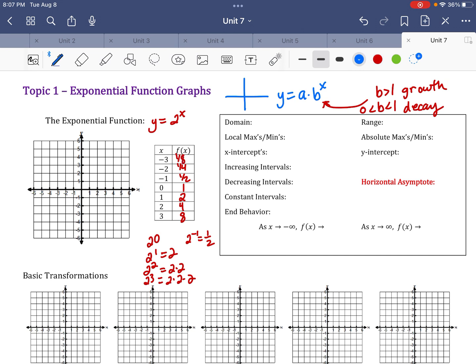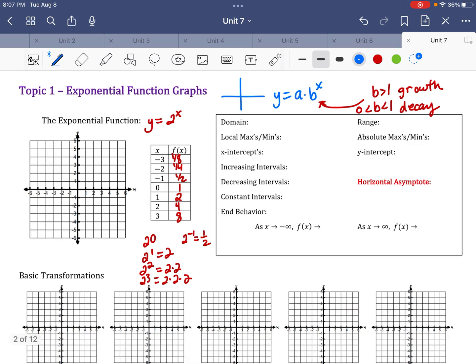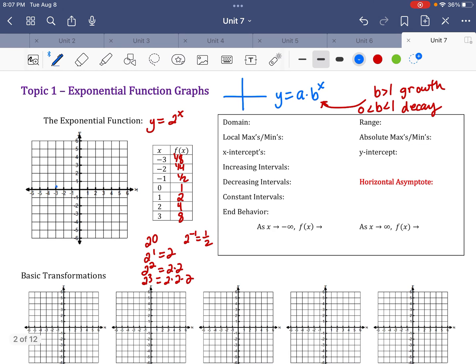So what ends up happening on this graph is this. When your numbers are negative, you get really small answers, and they start to grow. 0 is 1, 1 is 2, 2 is 4. I don't have room for 3, but it's about up here. No matter what negative number I put, it will never be 0.